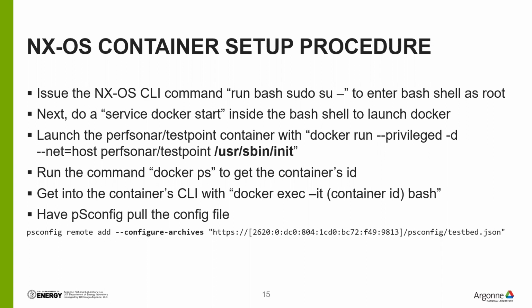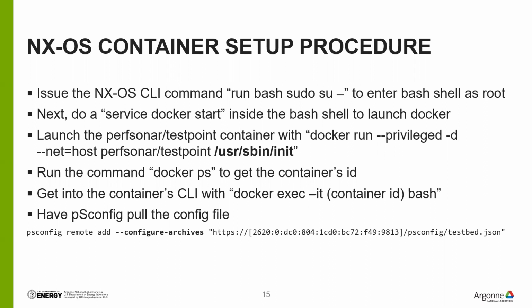And once you get that root shell, you can go ahead and do service docker start, start up Docker services on the switch, and then you can go ahead and launch the perfsonar-testpoint container using this command here, docker run, etc. And in bold at the very end here, you really want to make sure that you add this /usr/sbin/init at the end. Again, I'm not a systems guy.